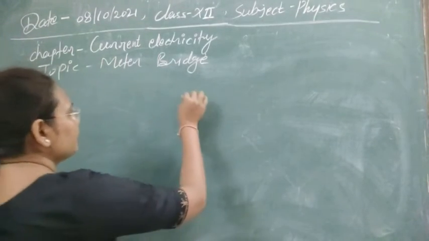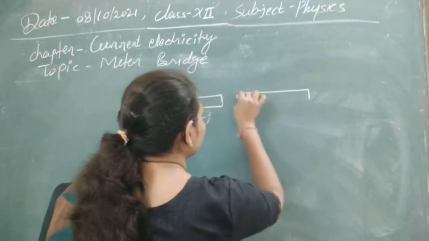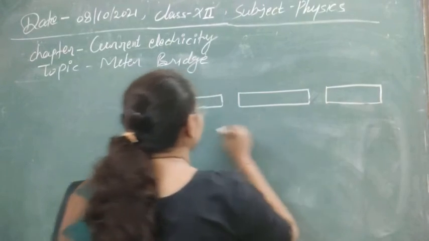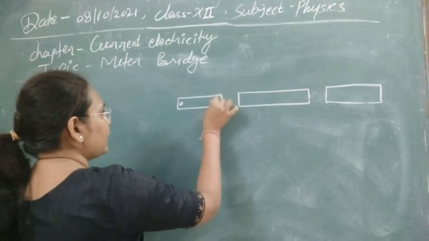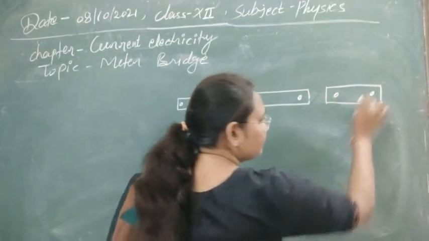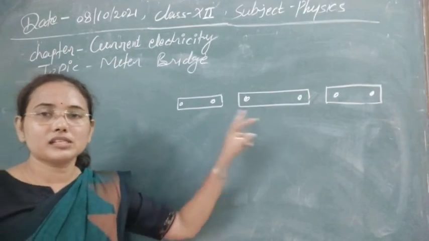So in the construction of meter bridge, first we have this kind of structure. These are the conducting plates that are joined on a plywood or a wooden block, on which we have used these conducting plates.